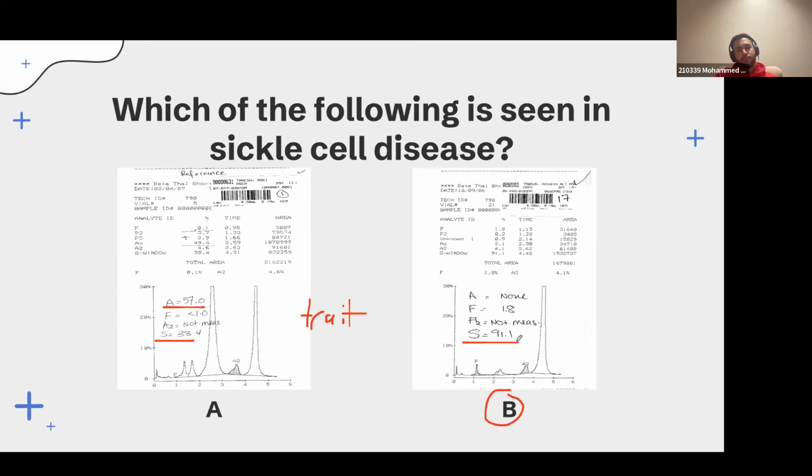And obviously this one, since it's very high and you don't see any hemoglobin A, this is going to be sickle cell disease. Good.